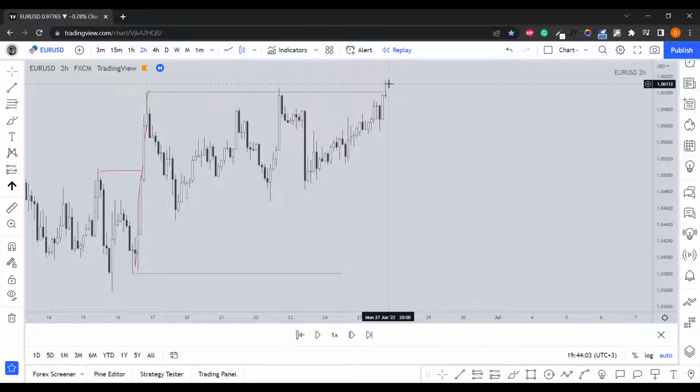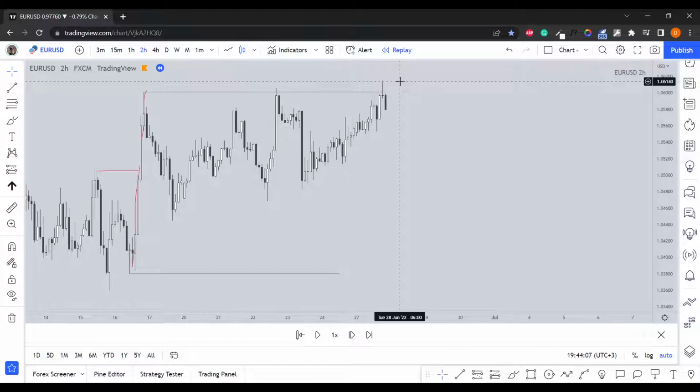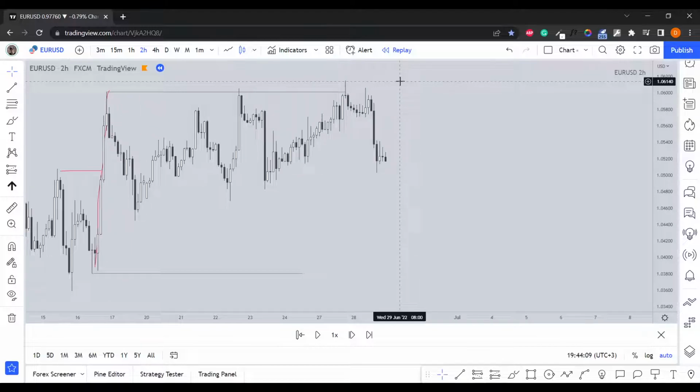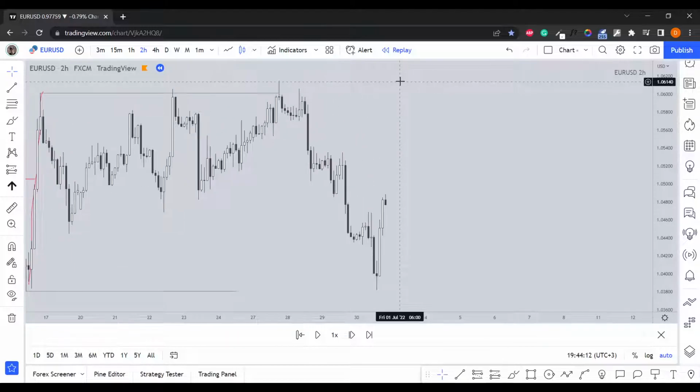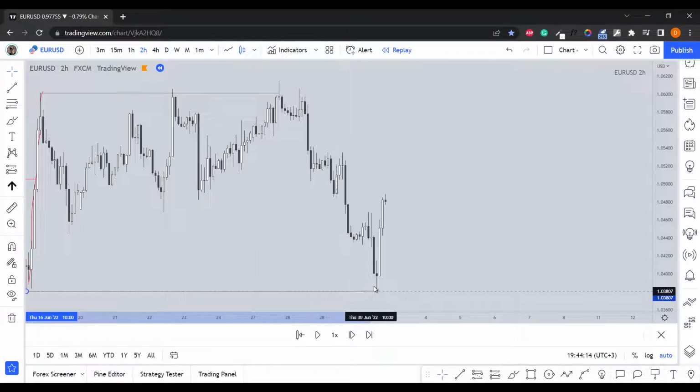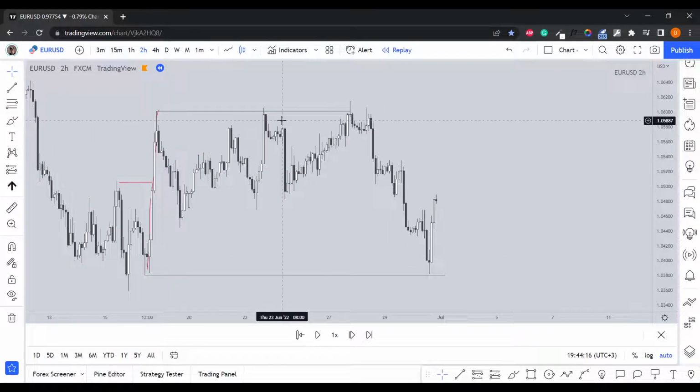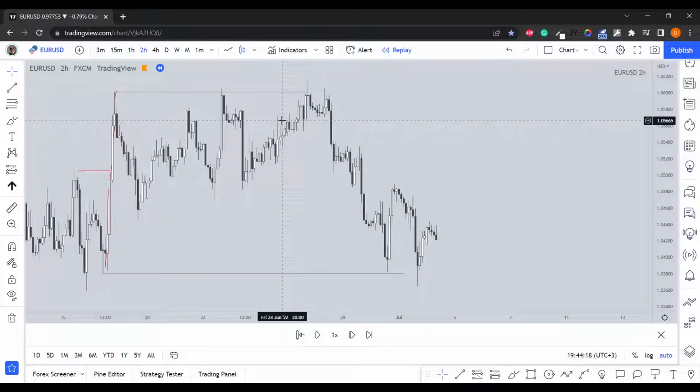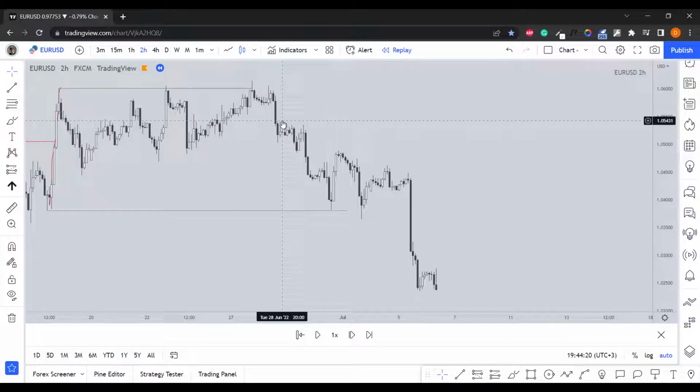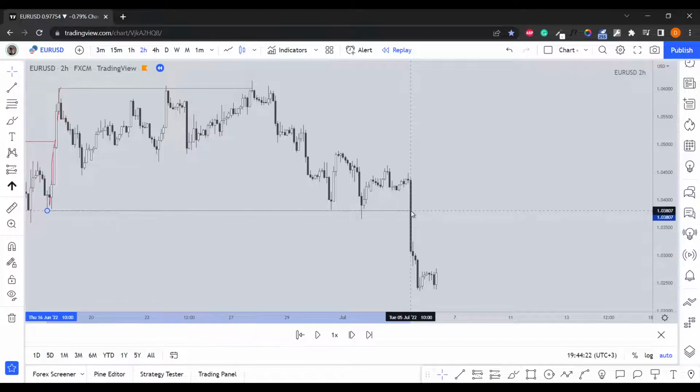And as you see, this is not a break of structure, this is just a wick, and we want to see a break of structure. So the market just continued to be inside this big price expansion and still there. And this candle is the first that broke this previous range.